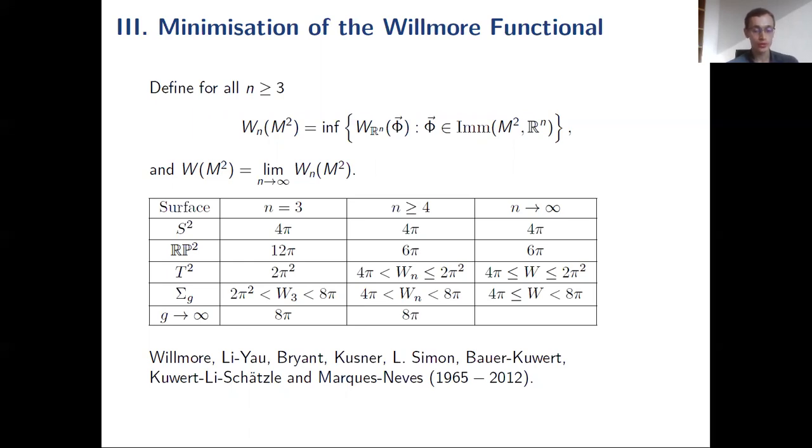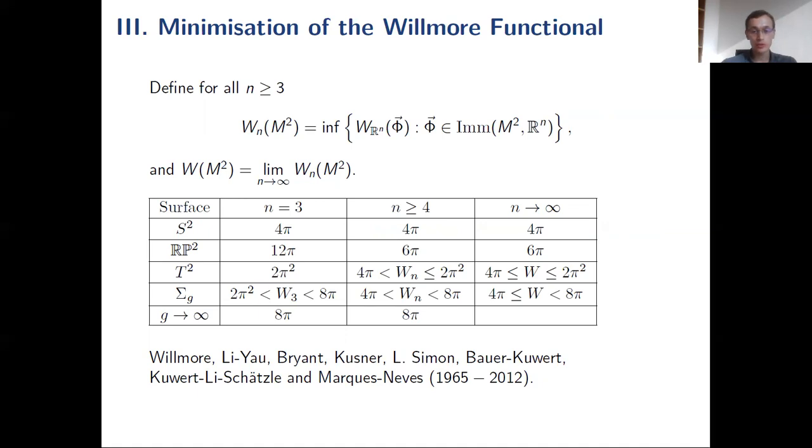And they showed also that for surfaces of higher genus, so this sigma g, where g is at least 2, will be strictly larger than 2 pi squared. And the upper bound is because we can estimate, for example, the energy of Lawson surfaces, and they are embedded. We'll come back to this point later.